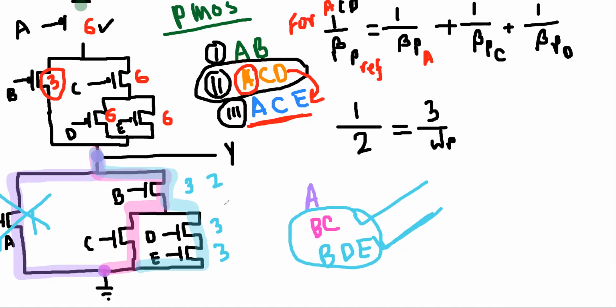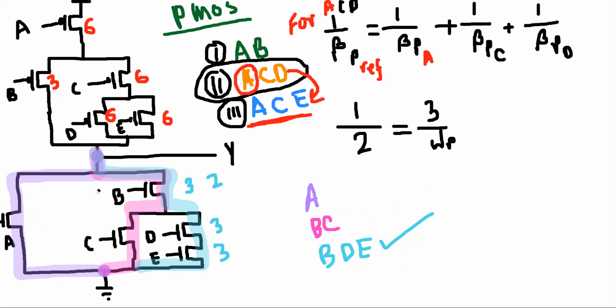I might give you some different example. Here you have a problem in both cases, PMOS and NMOS, both sides. Got my point? By the way, what will be your final answer?